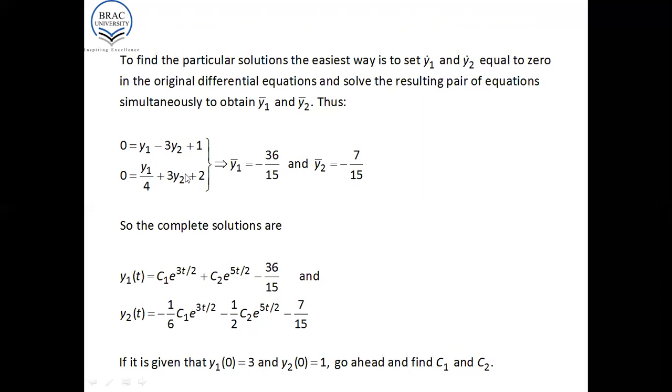Solve them simultaneously. Go ahead. You will get Y1 bar equal to minus 36 by 15 and Y2 bar equal to minus 7 by 15. And so the complete solutions are these, where we have simply added the particular solutions to the homogeneous solutions. Now, if it is given that Y1 of 0 is equal to 3 and Y2 of 0 is equal to 1, go ahead and find C1 and C2 on your own as an exercise.